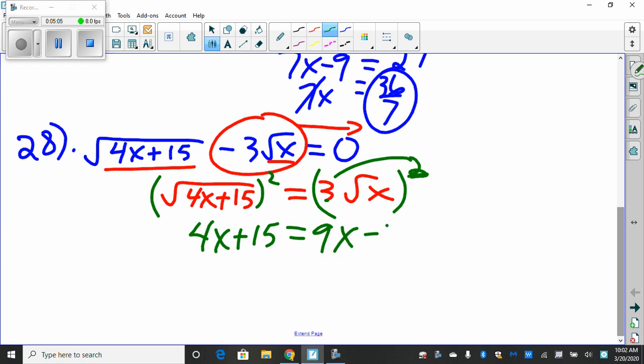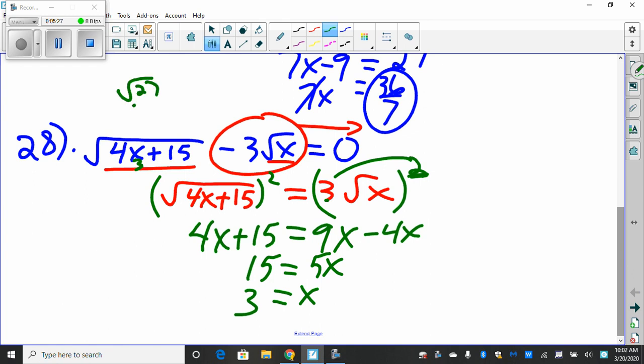So now subtracting the 4x, I'll get 15 is equal to 5x, and then x, of course, will equal 3. And if you put it in there, you'll see that's 12 plus 15, that's 27, and the square root of 27 is 9 times 3, or 3 root 3, minus, if I put 3 in here, 3 root 3, and of course that does equal 0. So there you go.